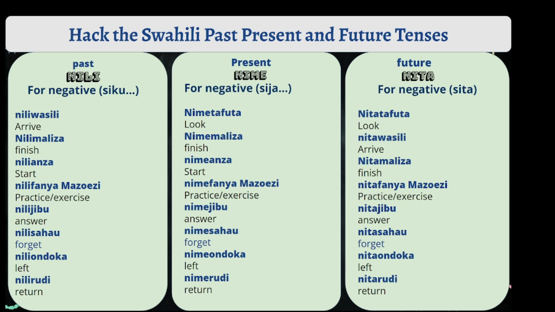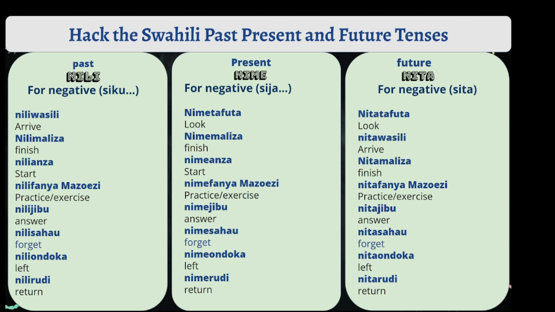Okay, so for the negative of past, again, just like with the positive, it's basically you plugging in siku for the past, sija for the present, and sita for the future. Let's see how this works. Niliwasili means I arrived. Sikuwasili means I did not arrive.